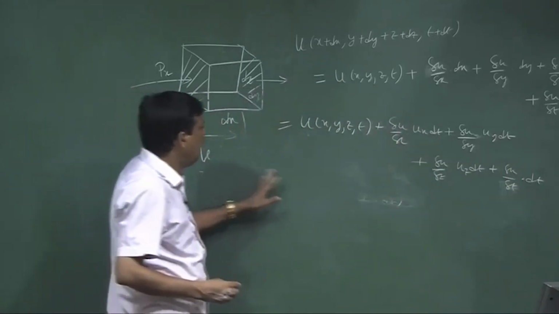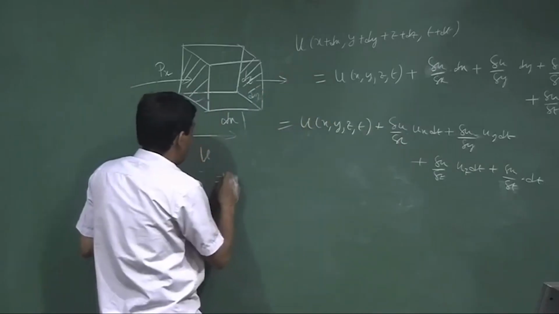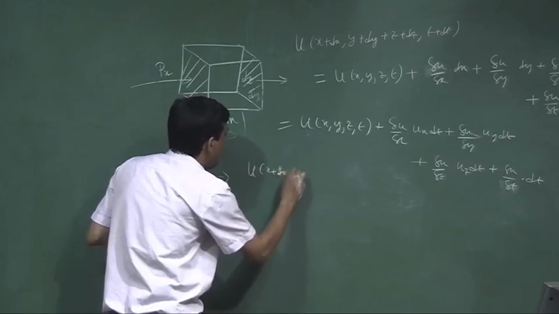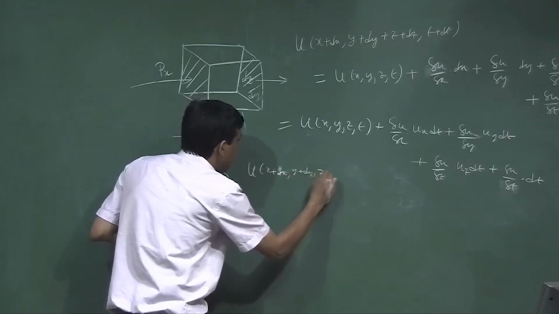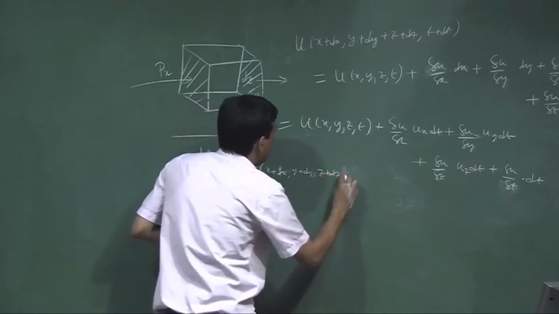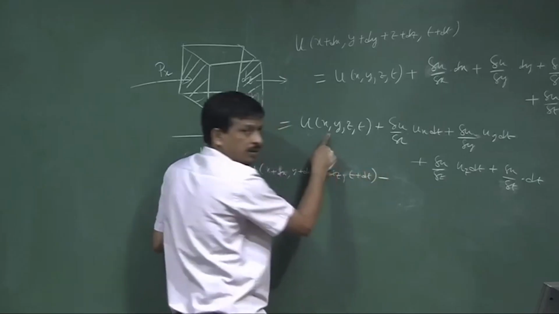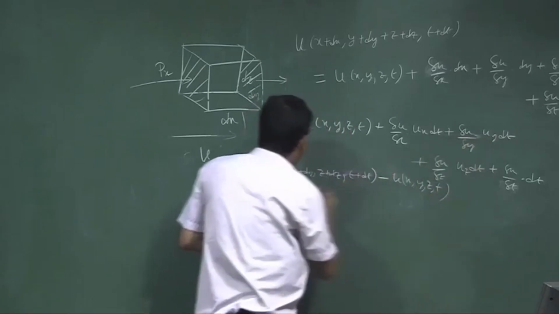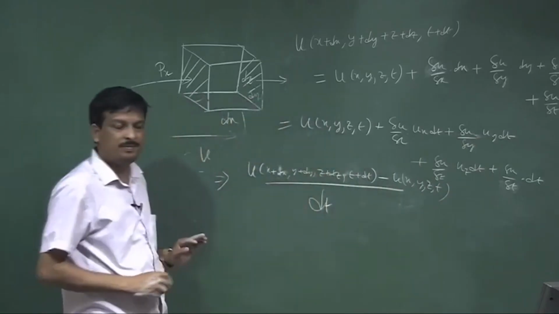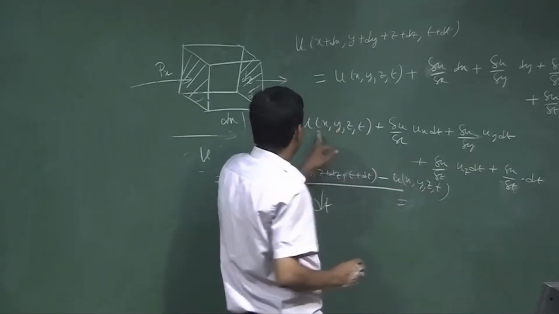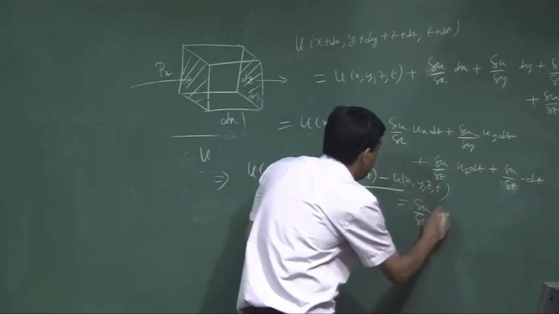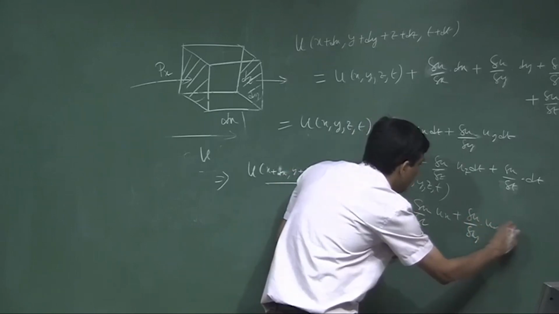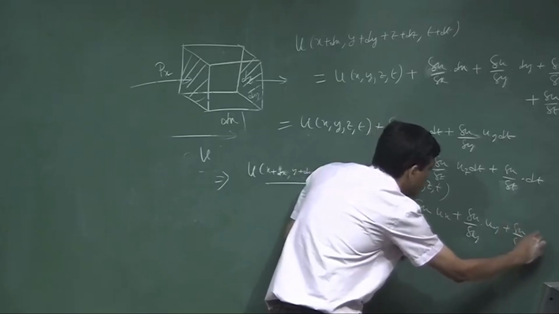Now I can write the same equation as: u at x plus dx, y plus dy, z plus dz, t plus dt minus u at x, y, z, t, divided by dt, is equal to del u by del x ux plus del u by del y uy plus del u by del z uz.